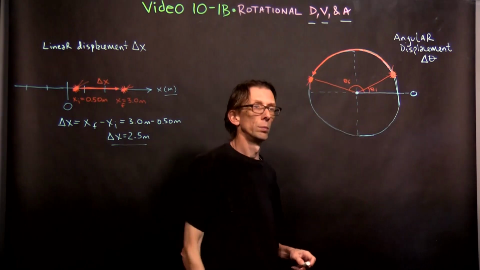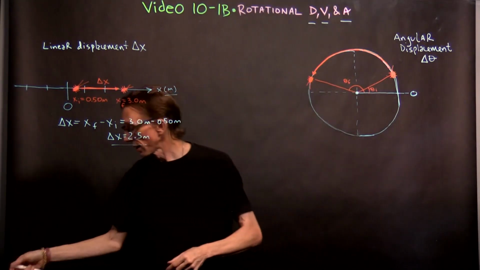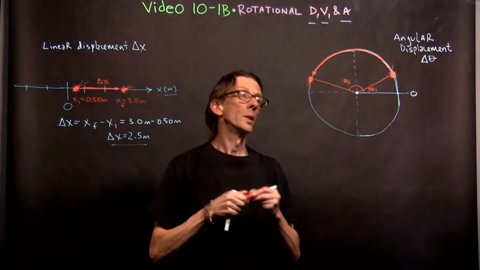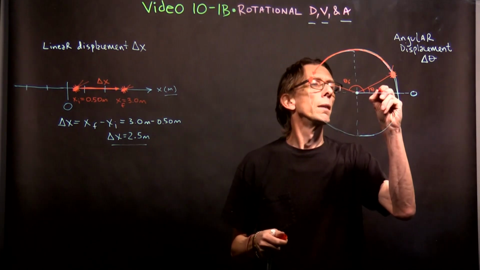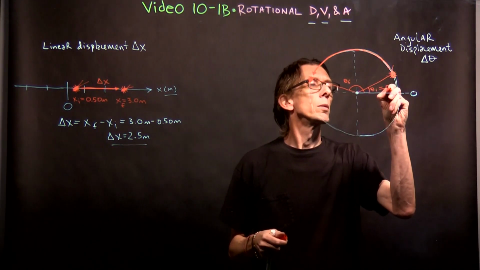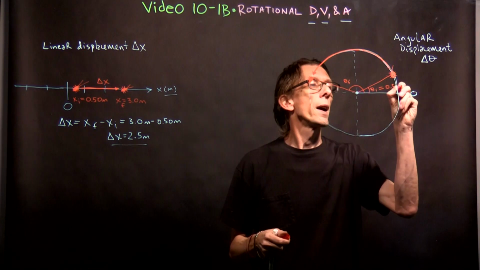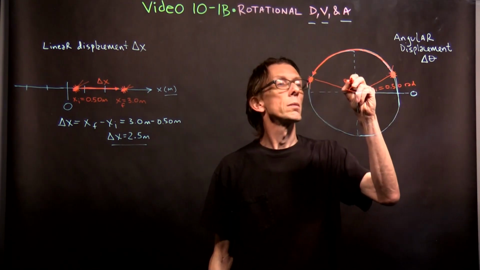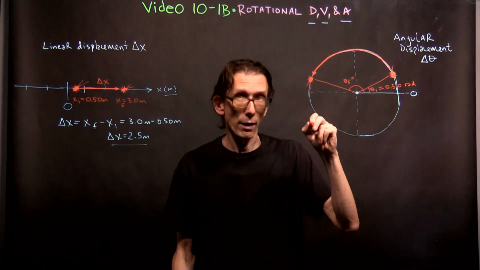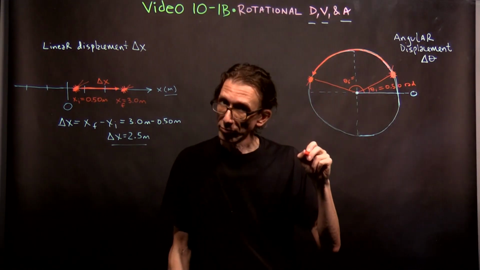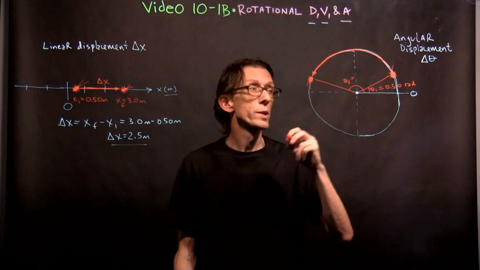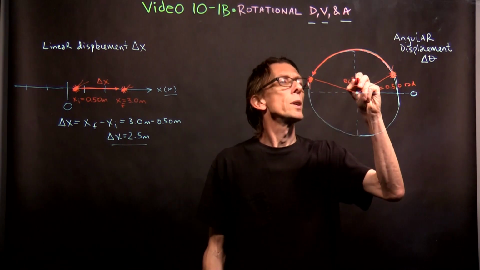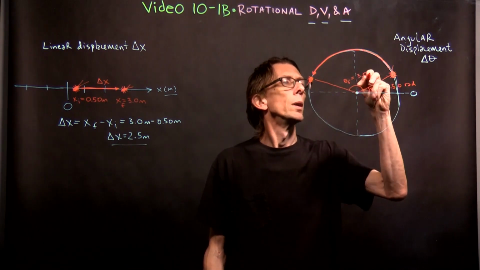Translate that over here. Let's say that the bug's initial position is at 0.50 radians, and that the bug's final angular position is 3.0 radians.